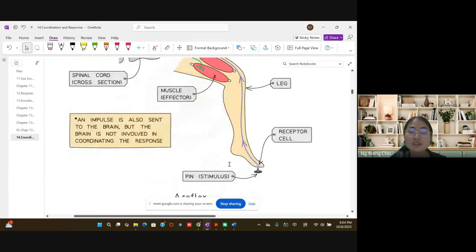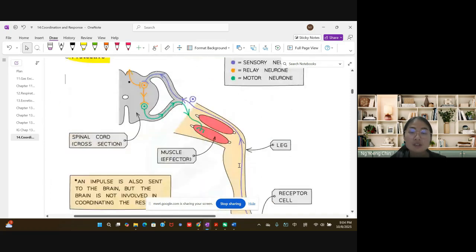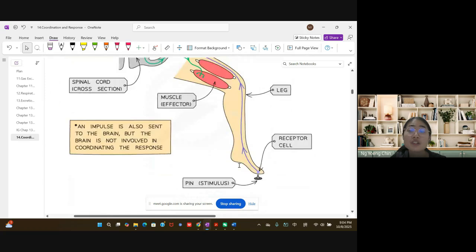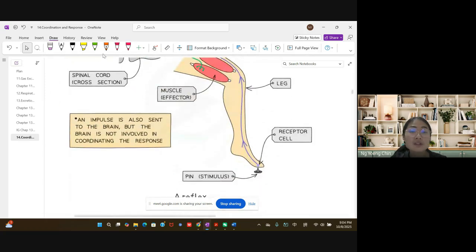This is a very nice picture. It shows the pathway of the nerve, so let's label it. First, you have the receptor on your cell. The receptor is usually located under the skin, so it can detect any kind of stimulus, whether it's a pain stimulus, or you're feeling cold or very hot.